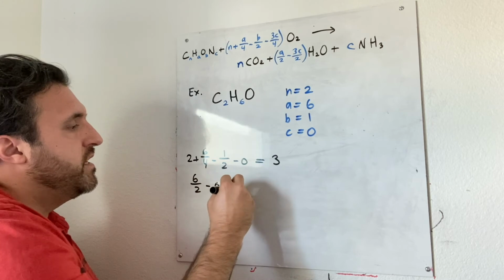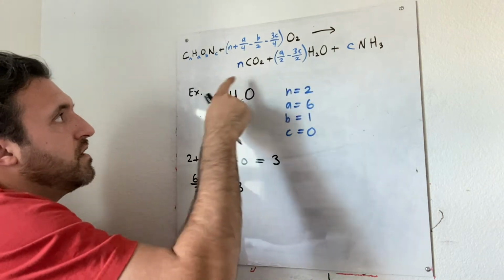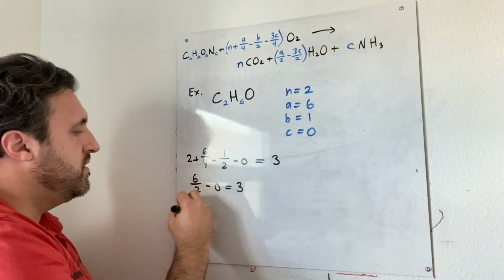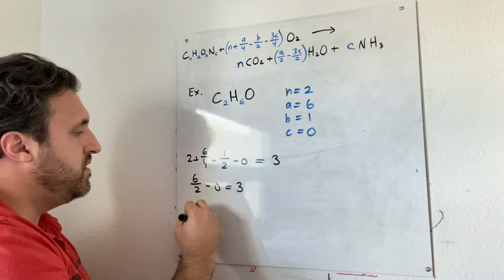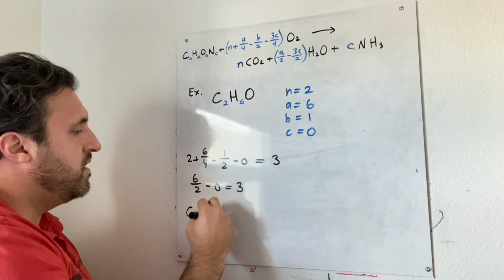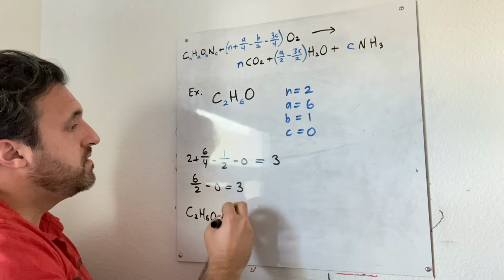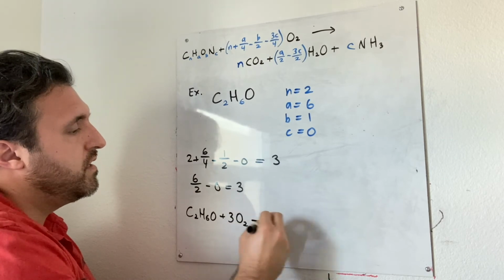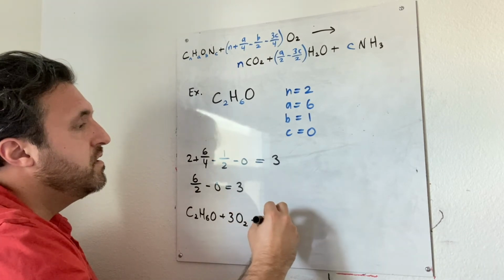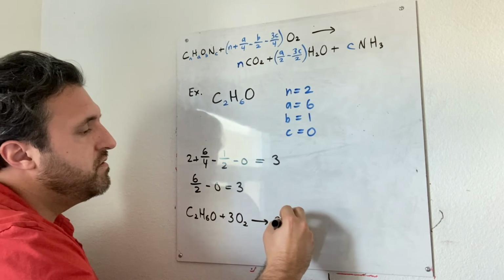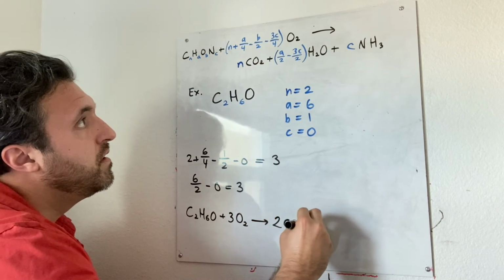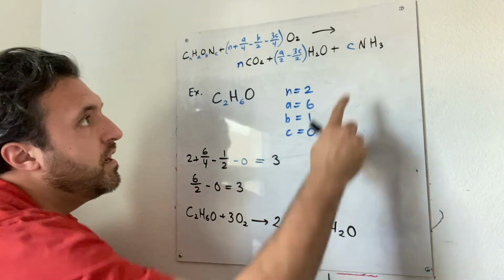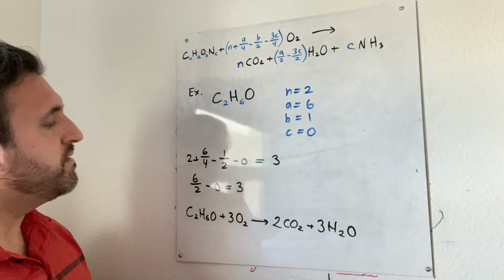So that's equal to 3 as well. The other ones are just N and C, so that's pretty easy. So our balanced stoichiometry comes out to C2H6O plus 3 O2 getting oxidized to 2 CO2 plus 3 H2O, and there's no ammonia, so we just leave it at that.